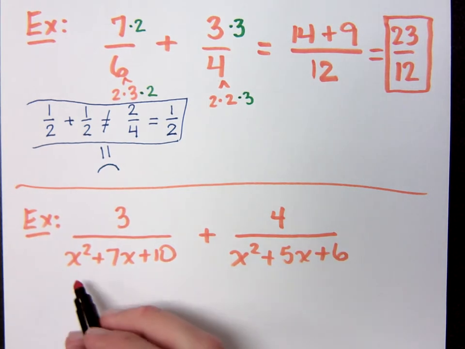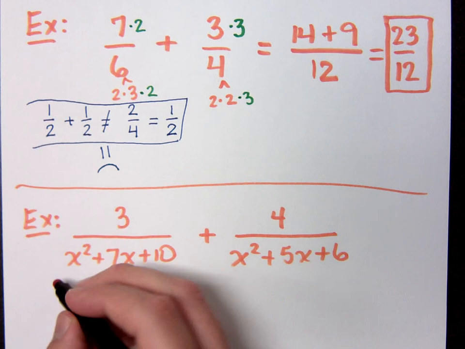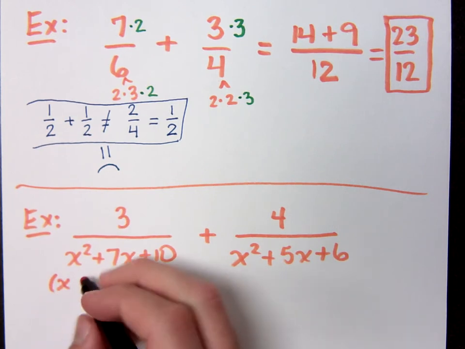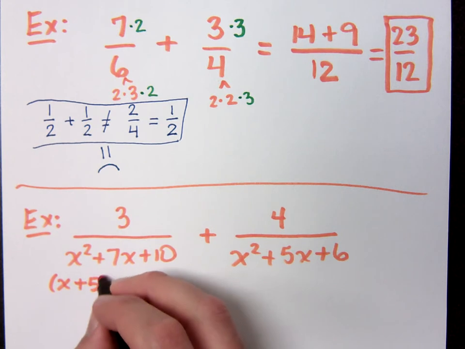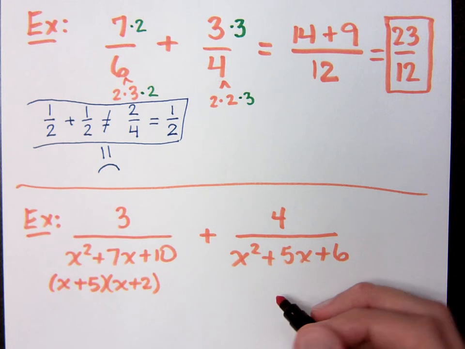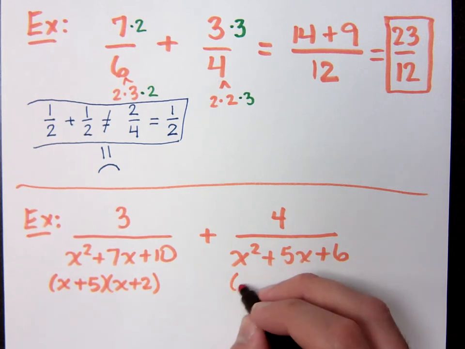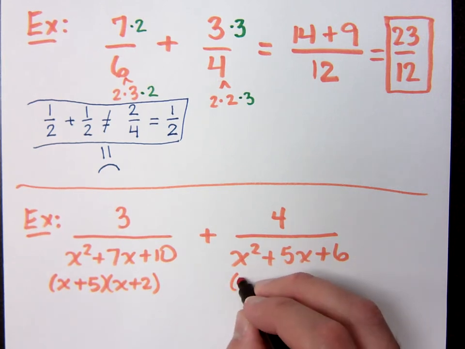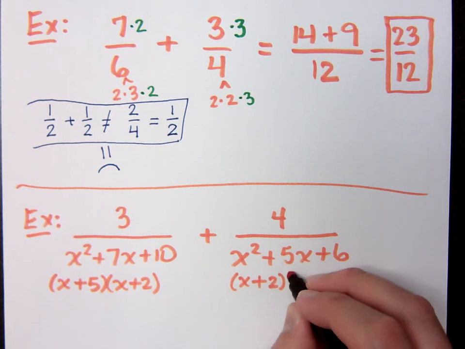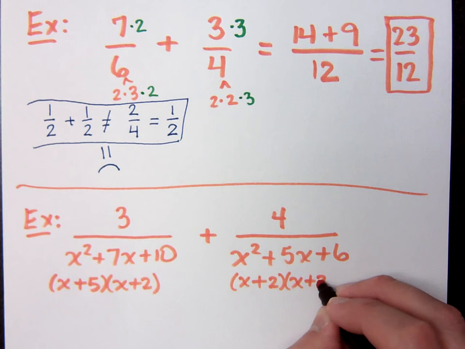What are the factors for this first denominator? x plus 5, x plus 2. What about x squared plus 5x plus 6? 1 and 6. x plus 2 and x plus 3.